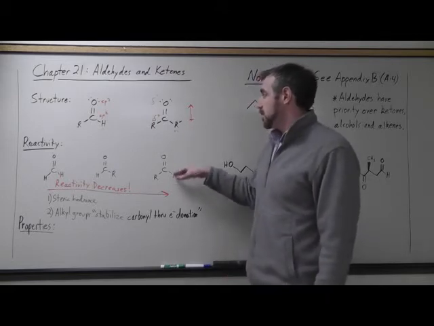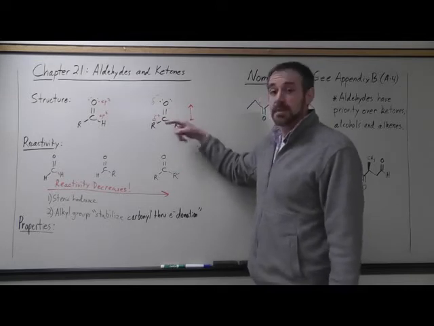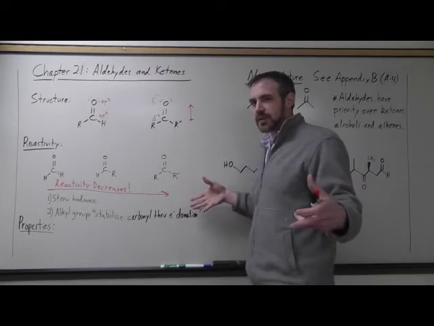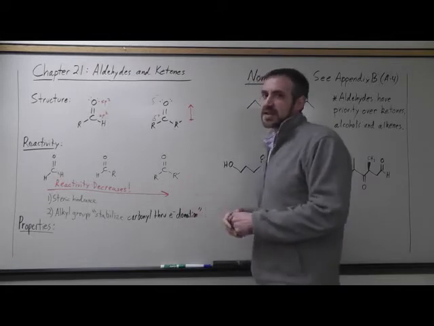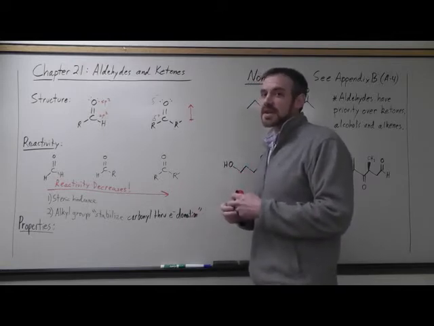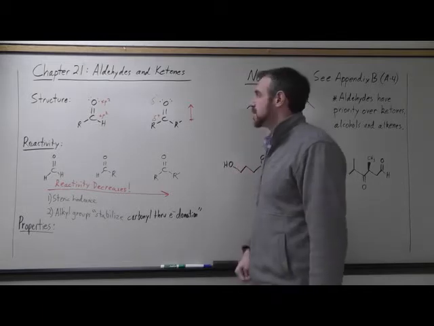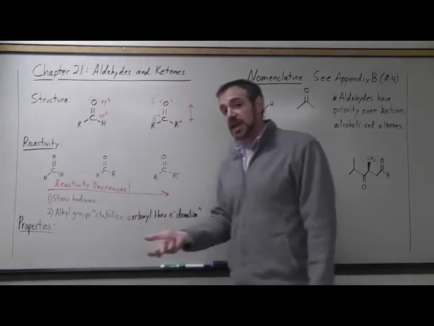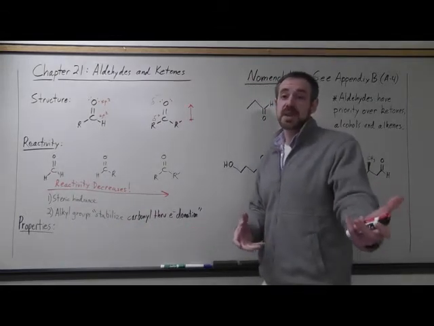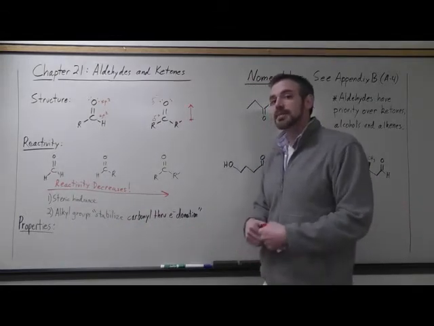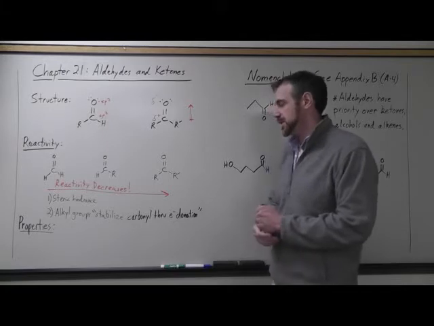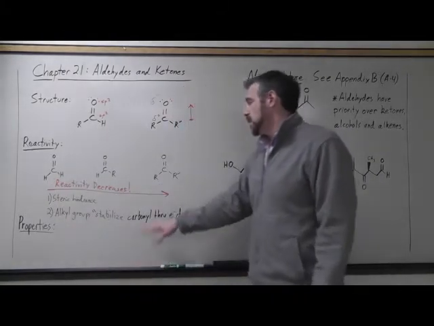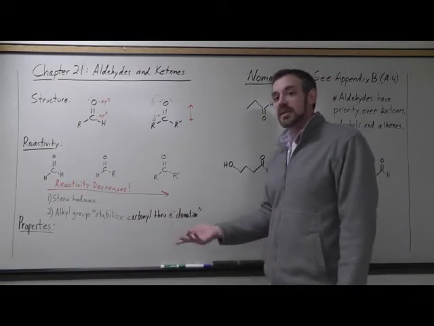But if you think about, again, the dipole, that's a partially positive carbon. If it has alkyl groups bonded to it, they're able to feed in some electron density. So it's not quite as positive, or it's stabilized. Without those groups here, to stabilize that carbonyl, it's looking for something with electrons to attack, to bring some electron density. But either way, formaldehyde is quite reactive, ketones less reactive in general.